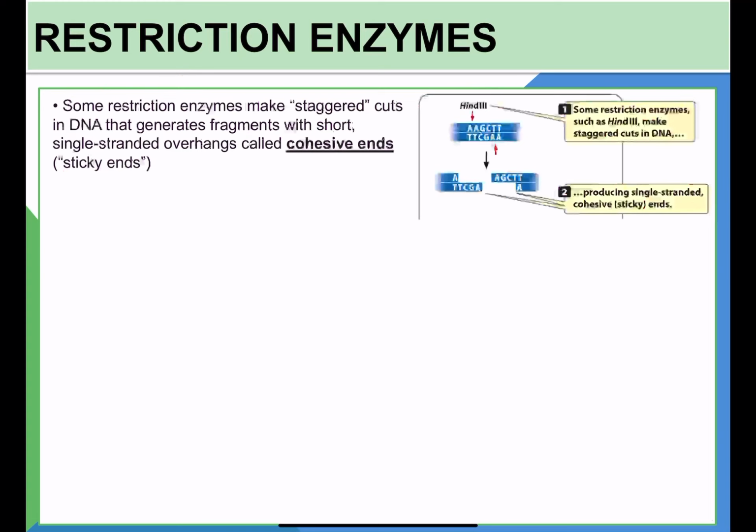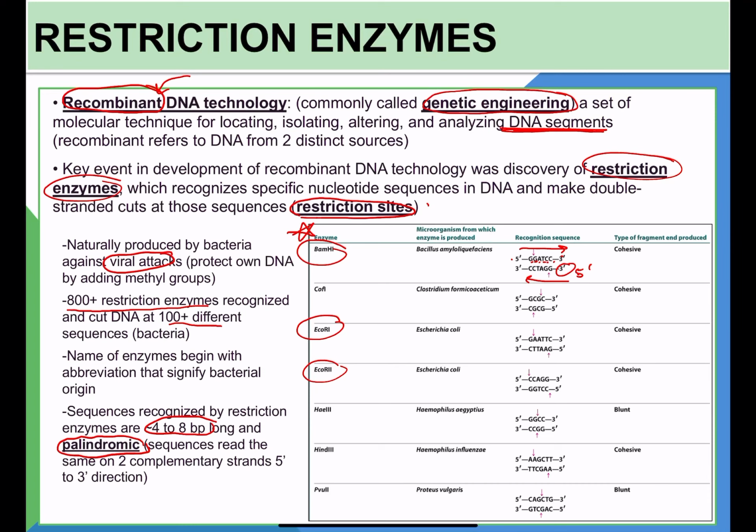If you look at the red arrows closely in the last table, you will see that some are pointing at different locations on the two strands. They are not directly across each other. The arrow indicates where the restriction enzymes will cut on the DNA, and some restriction enzymes cut at different spots across from each other on the two strands.